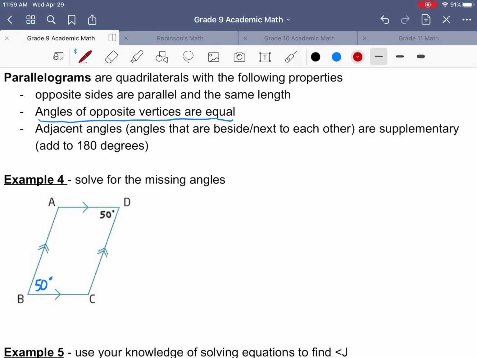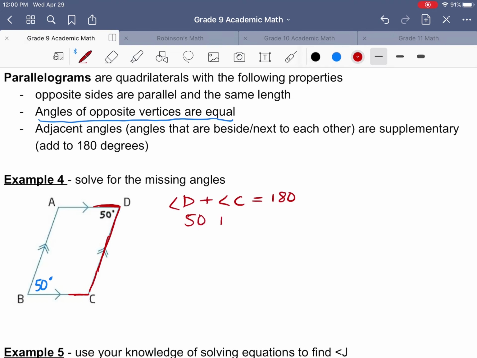Adjacent angles, angles that are beside or next to each other, are supplementary, which means they add to 180 degrees. So if we take a look right here, and I'm drawing it in red, we can look at angles D and C. Angle D plus angle C should be equal to 180 degrees.